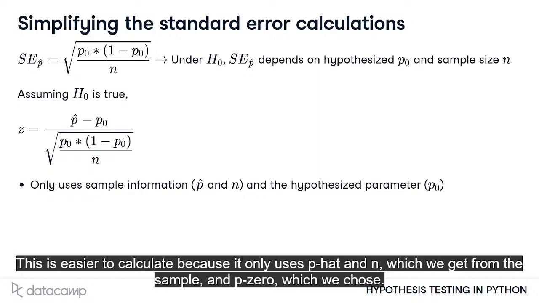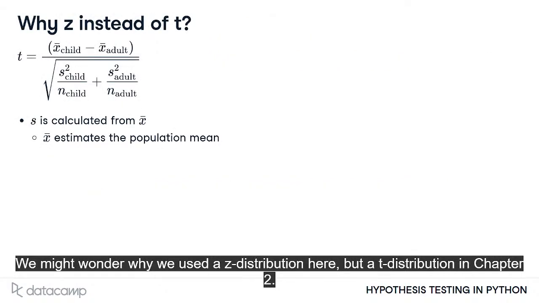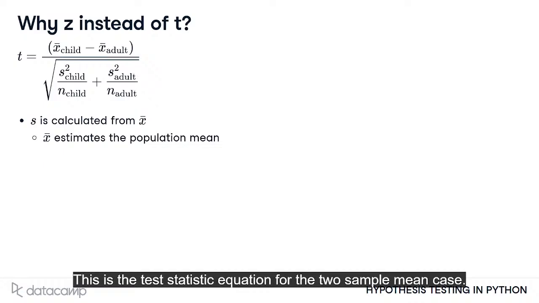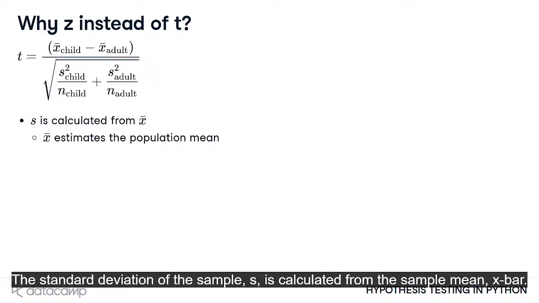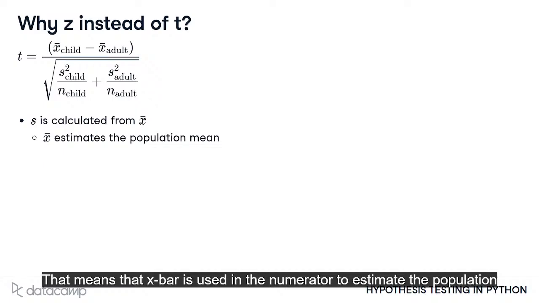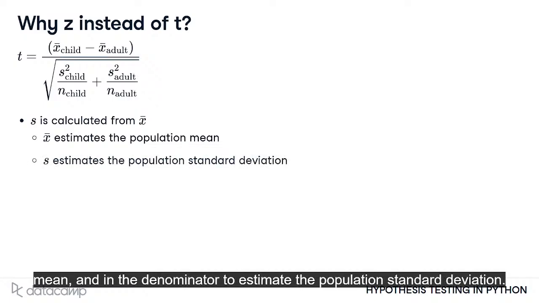We might wonder why we used a z-distribution here, but a t-distribution in Chapter 2. This is the test statistic equation for the two-sample mean case. The standard deviation of the sample, S, is calculated from the sample mean, x bar. That means that x bar is used in the numerator to estimate the population mean, and in the denominator to estimate the population standard deviation.